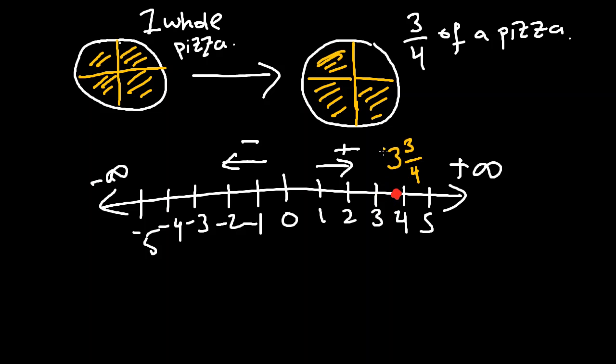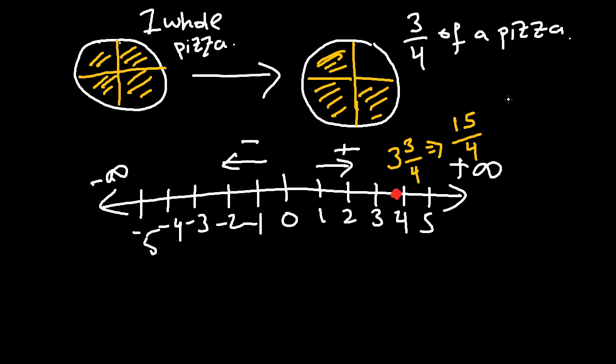Okay, so this point is represented by the number 3 and 3/4, which, if you wanted to convert it into an improper fraction, would be what? Well, we multiply 3 by 4 to get 12, add the 3, so we have 15 as the numerator over 4. Okay, so what's so special about these two numbers, the 3/4 and the 15/4?